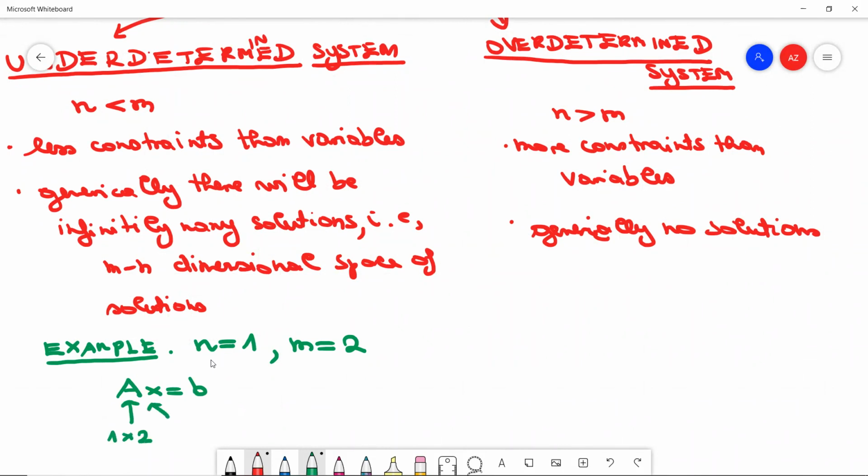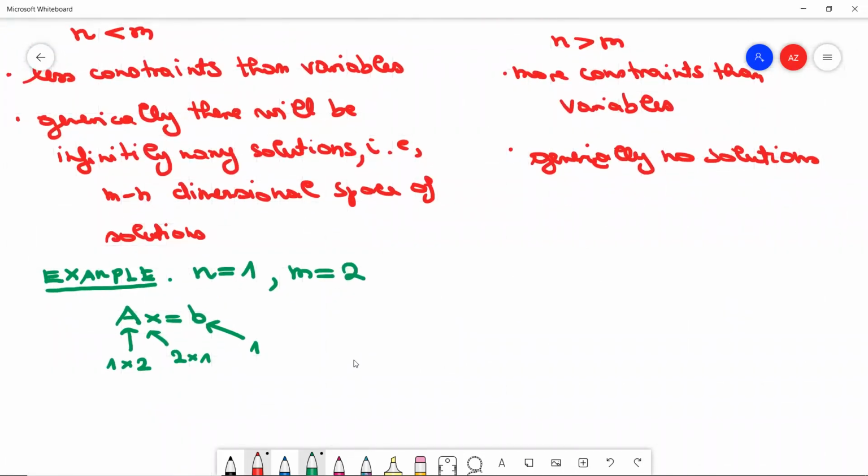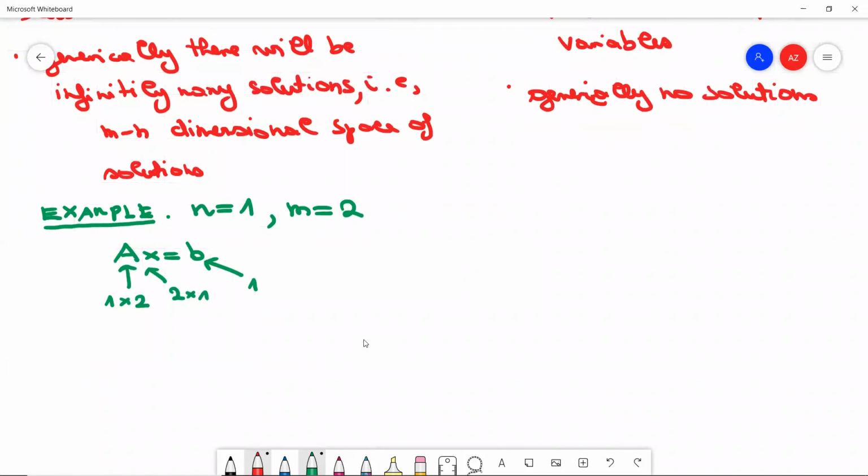This X is a 2 times 1 vector. And this B is then just one real number. So AX is B is only one linear equation, and geometrically it represents an affine line. So if we draw, we have this line AX equals B, and every X on this line solves our system.